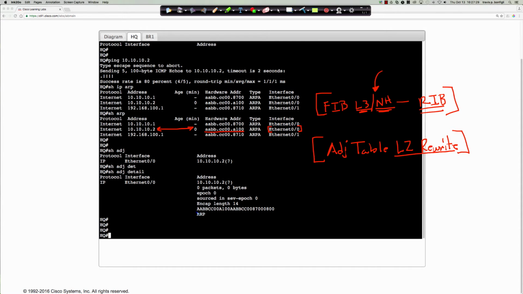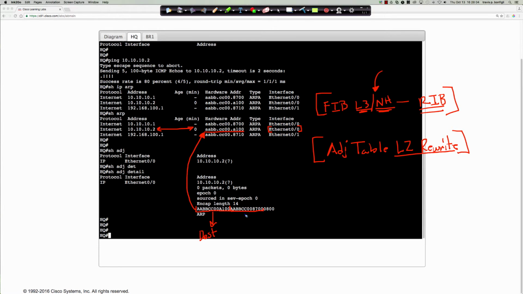If you look here, do you see anything that might match up with something you see there? And then we have AABBCC, this, and it goes all the way to there. So here is the destination MAC. Right here is the layer 2 MAC header rewrite information.